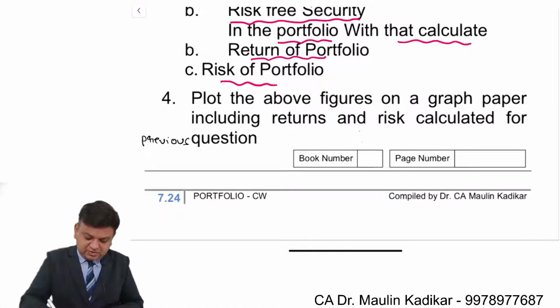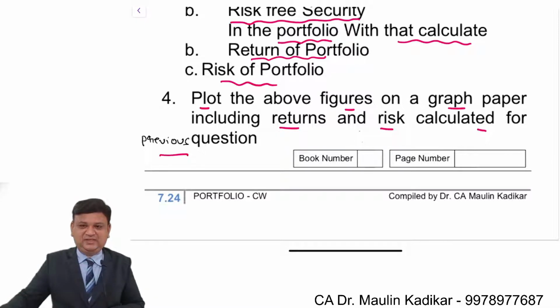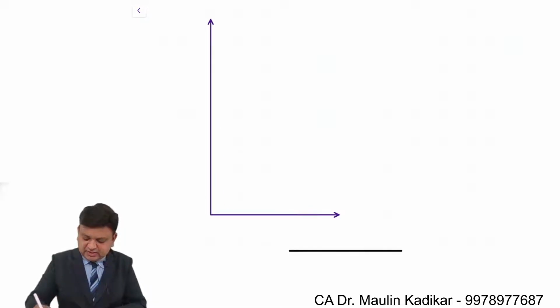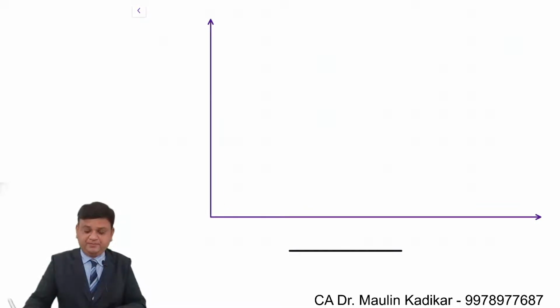Let us see the next question. Plot the above figures on a graph paper, including return and risk calculated in the previous question. So friends, whatever table we have prepared, for that the risk and return is required to be plotted on a diagram.